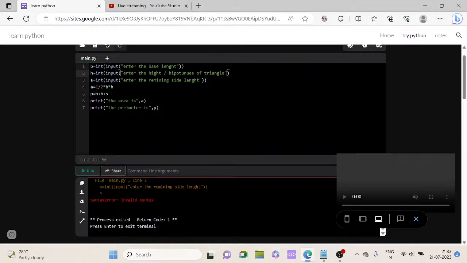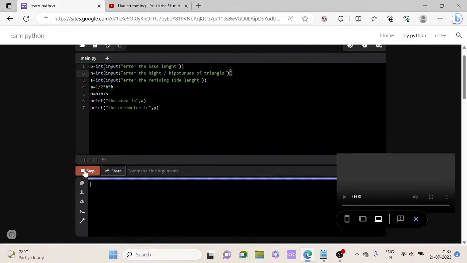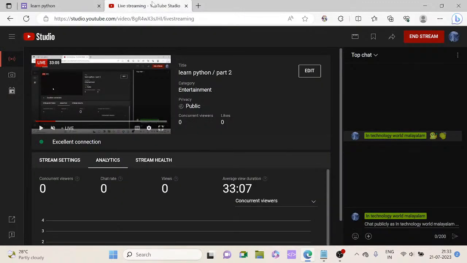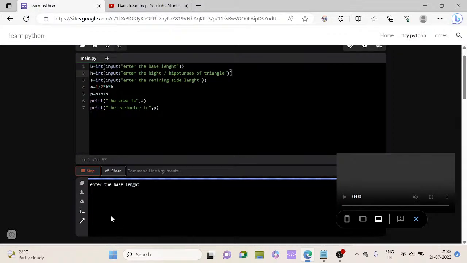This line also has a problem. Yeah, now it's corrected. So what we have done is debugging. The thing which we are correcting in the code is equal to debugging.